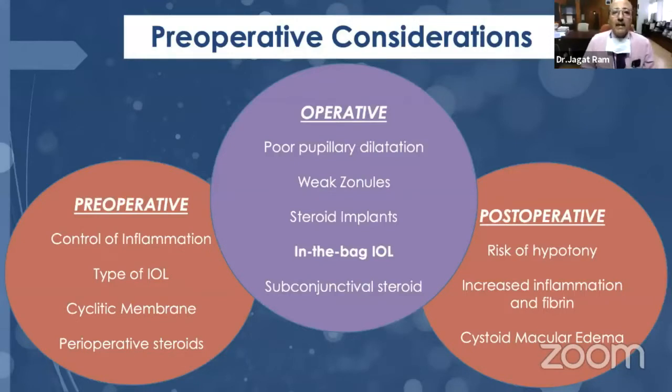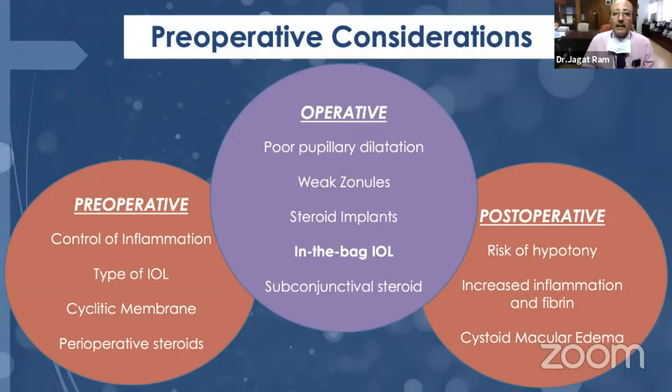In the pre-operative consideration, most important remains control of inflammation, and then which type of IOL we should implant. And as Dr. Mohit said, it is important how we manage cyclitic membrane, and whether to give perioperative steroid or not.